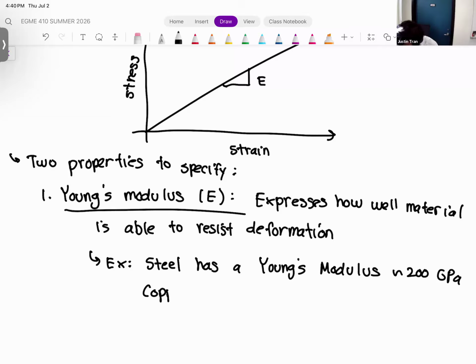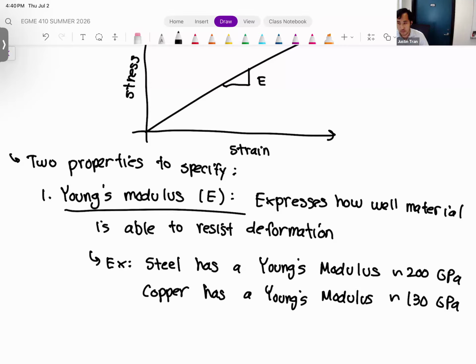If we compare that to a fairly softer metal, copper, copper only has a Young's modulus of about 130 gigapascal. Just based on the Young's modulus alone, we can see that steel is a much stronger material. It's going to take a lot more force in order to cause it to deform.